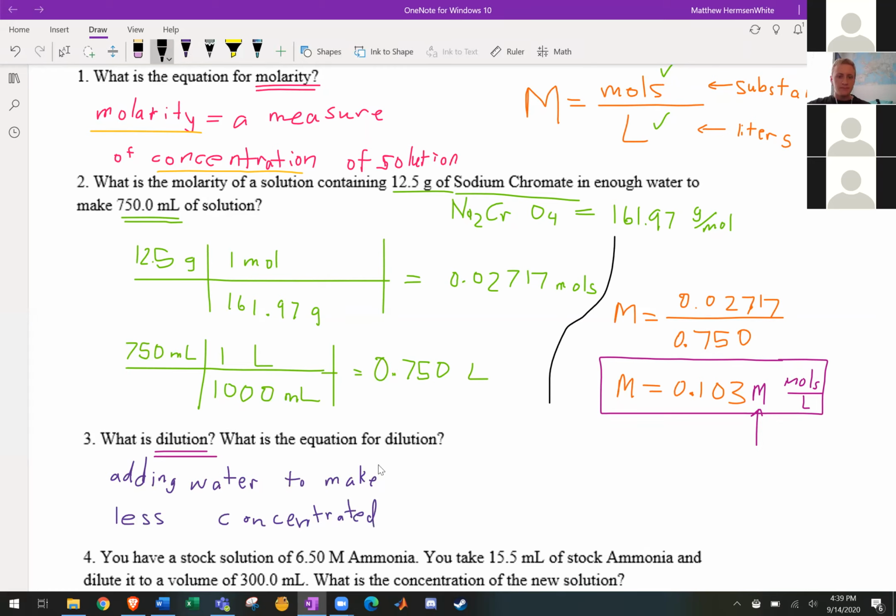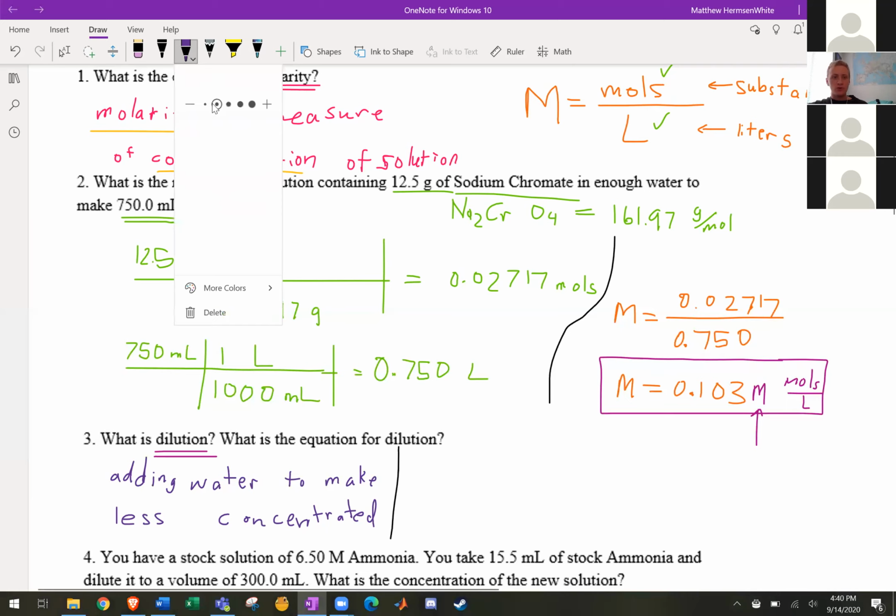That might seem really basic, but we use it the same way in real life, in everyday conversation as we do in chemistry. So you're taking something that's concentrated, and we're just going to add water to it, and that's going to make it overall less concentrated. You can think about, again, like you had Kool-Aid, and you just add a bunch of water. It's not going to be very tasty anymore. That's because it's not as concentrated.